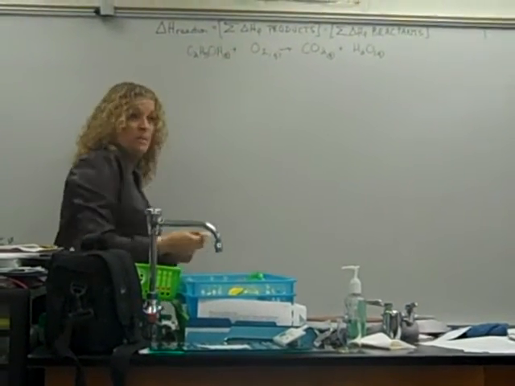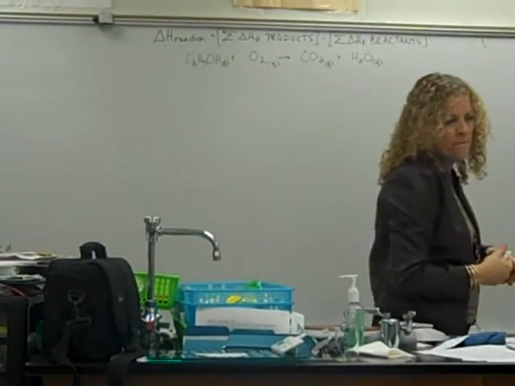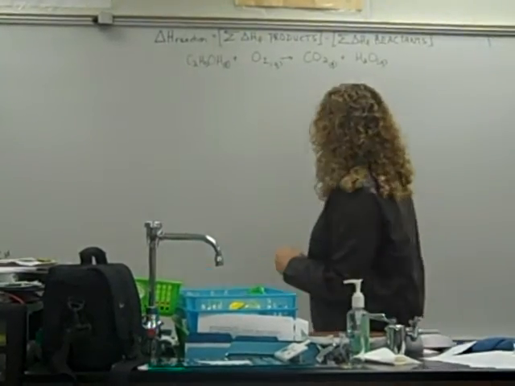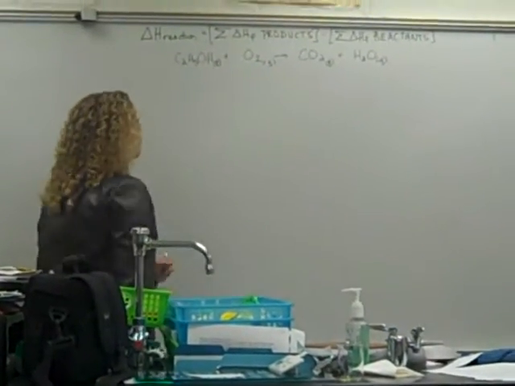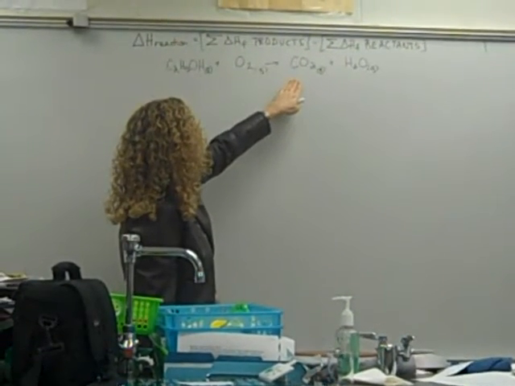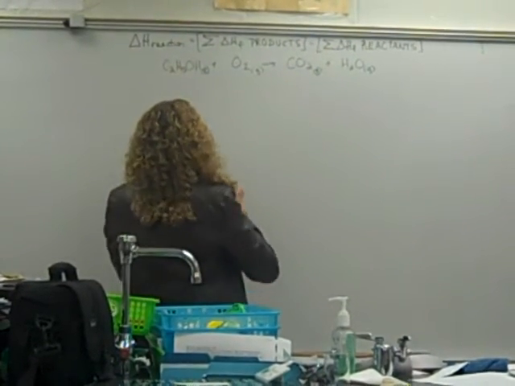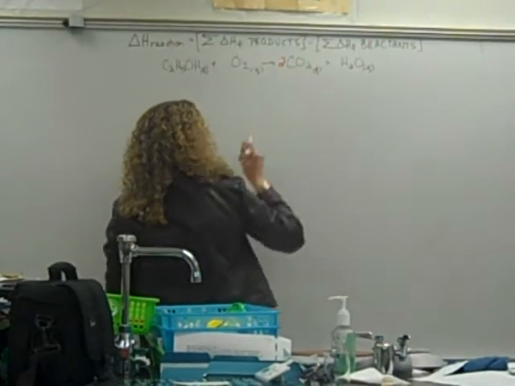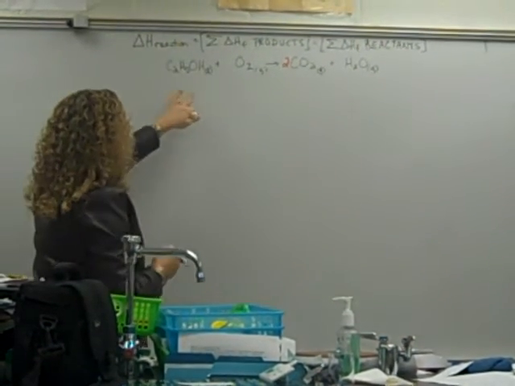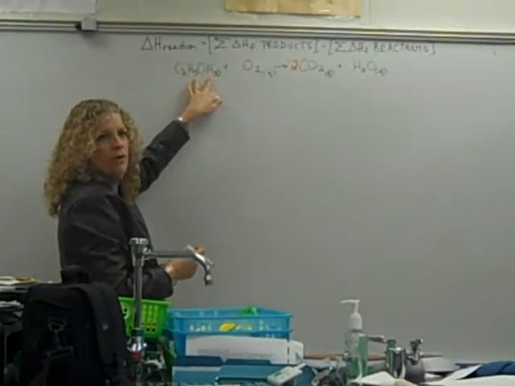Yes, and that's important to specify. Okay, so this will be ethanol. Now let's balance our equation. What do I need to put in front of carbon dioxide? A 2. How about in front of my water? How many total hydrogens are here? 6.